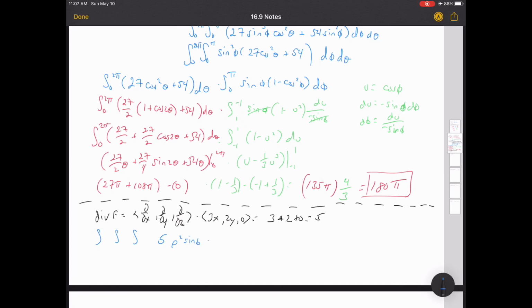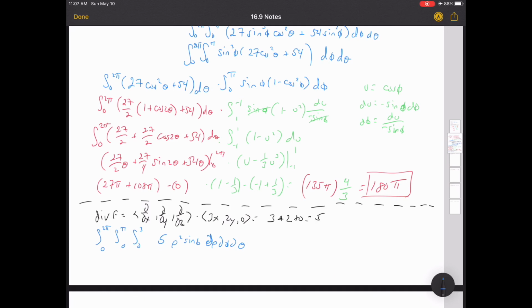And then we're going to do d rho, d phi, d theta. So remember that theta, because it's a sphere, goes from 0 to 2 pi. Phi goes from 0 to pi. And rho in this case was, I think it was 3, because it was something equals 9. So it's going to go from 0 to 3. Hopefully I didn't do that wrong. I didn't scroll back up to double check that.